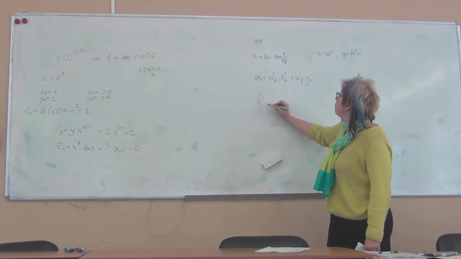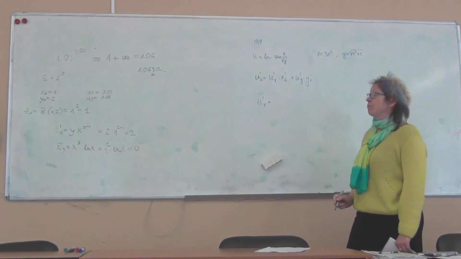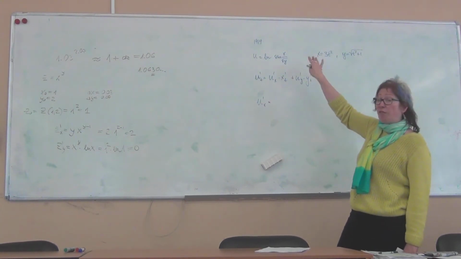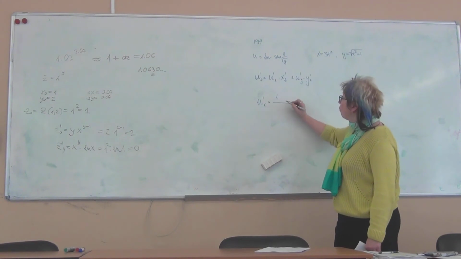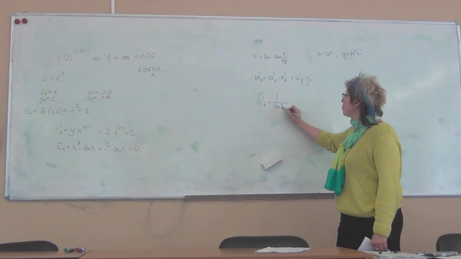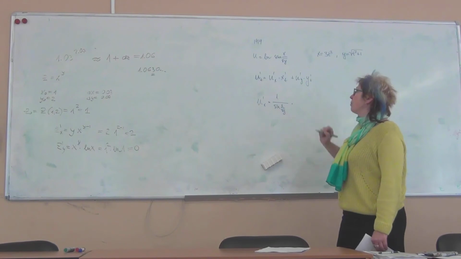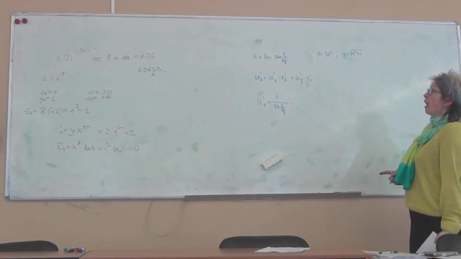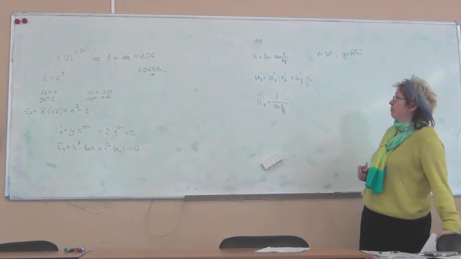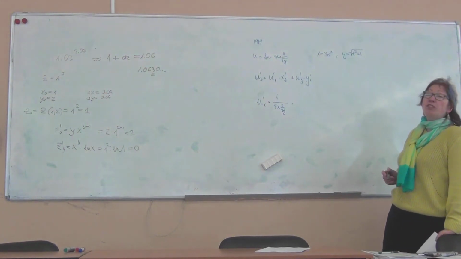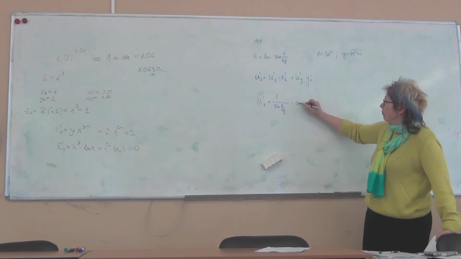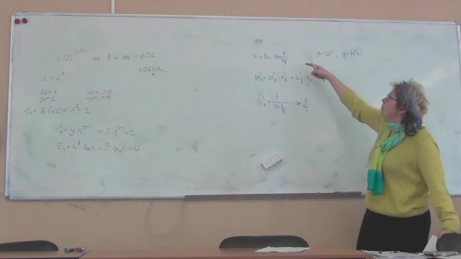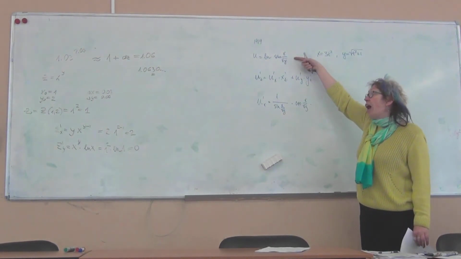U derivative by x. Natural logarithm derived is 1 over whatever is in there. 1 over sine x over square root of y times chain rule. We still haven't reached the end of this. Times the derivative of sine, which is cosine of the same. Finally, times the derivative of this inner function, and now we have to think.